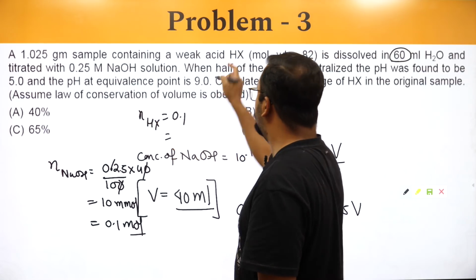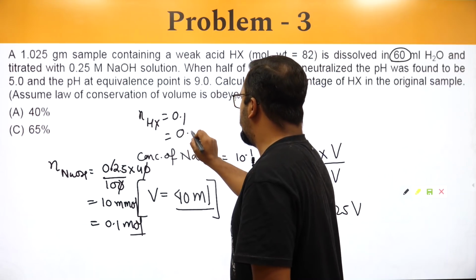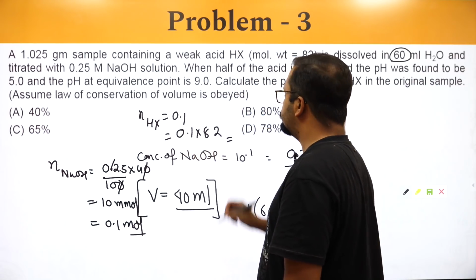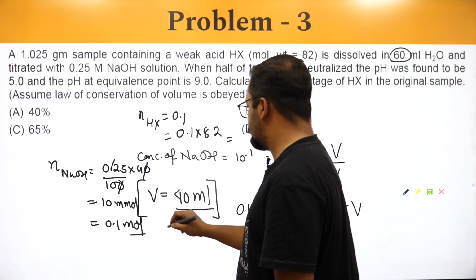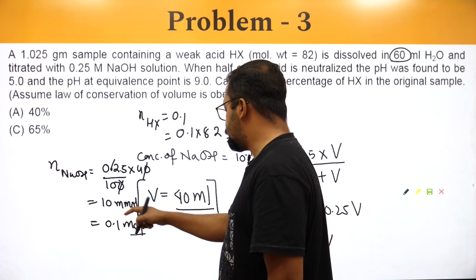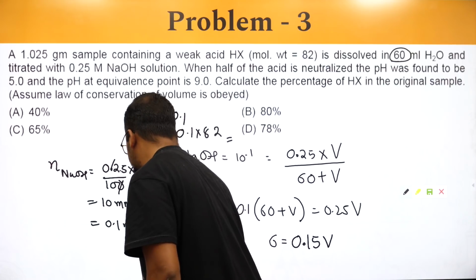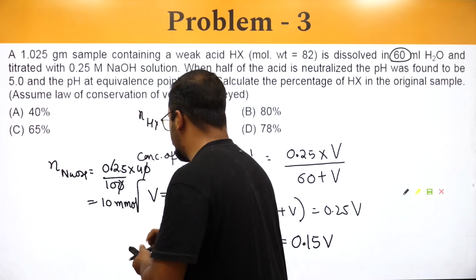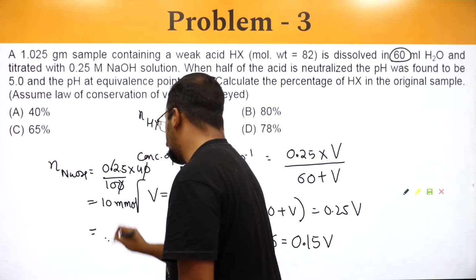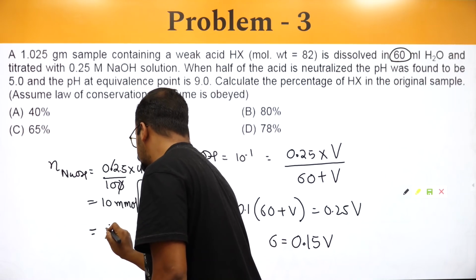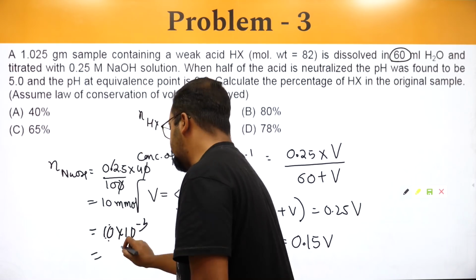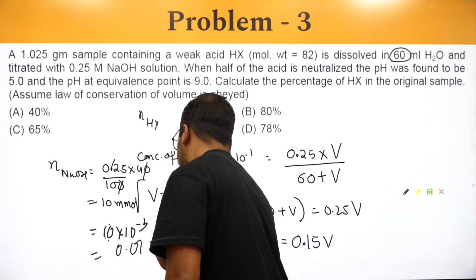0.1 mole होगा तो weight कितना होगा? 0.1 times 82, that is 10 millimole. I'm very sorry, 10 millimole is not the same as 0.1. 10 millimole would be equal to 10 times 10 raised to minus 3, that is 0.01 mole.